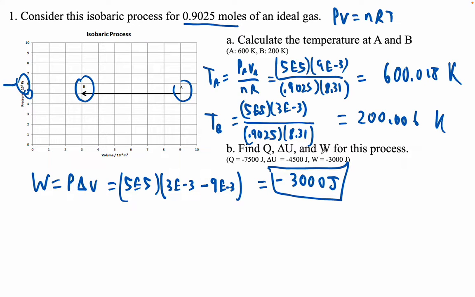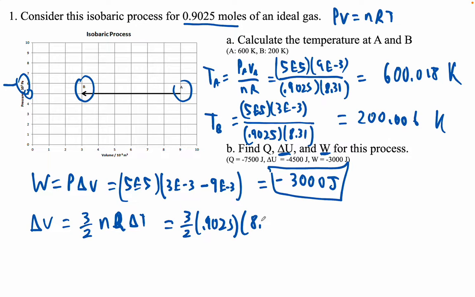So we found the work. Let's find the delta U. Delta U is going to be 3/2 n R delta T. So 3/2 n R is 0.9025 times 8.31 times our delta T, so it's going to be 200 minus 600.